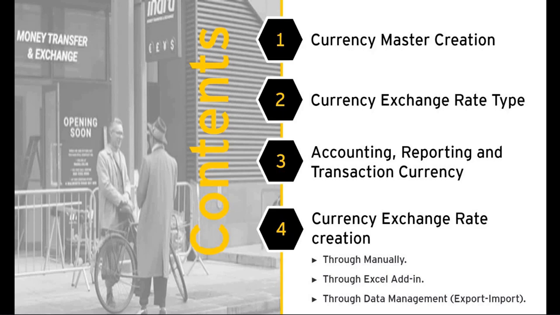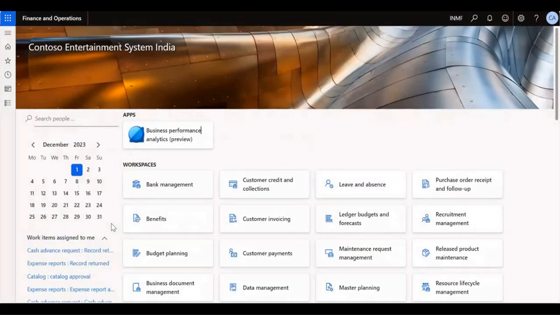So let's dive into Dynamics. Before starting the process, let me tell you some terminologies. We know the currency very well, but there is certain terminology in currency when we are taking requirements from the client. While doing a ledger setup, our first ask to the client would be what the accounting currency, the reporting currency and the transaction currency would be.